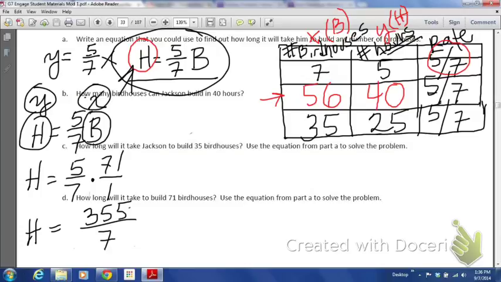Yes, so if we do our division here, and again, if you're using a calculator, that's fine. If you need some work with this, do it.